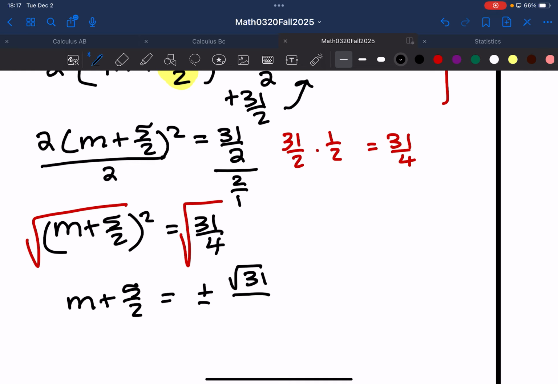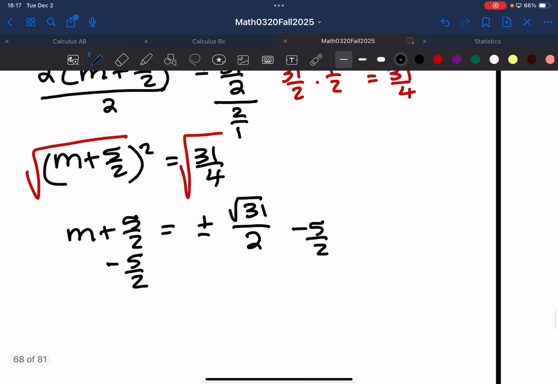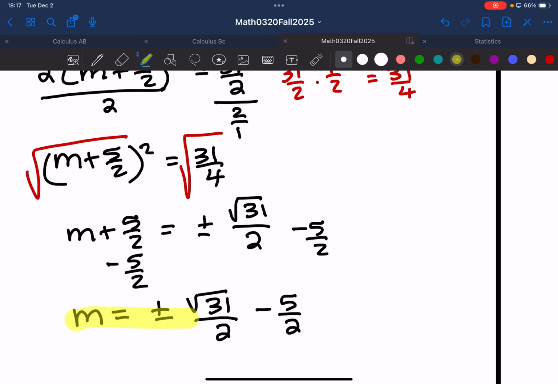So I give the 31 the square root separately from the 4. So I could just write the square root of 4, but we know that is 2. So the square root of 31 over 2. And then our last step would be what? Subtract 5 over 2. So I have m is equal to plus or minus the square root of 31 over 2 minus 5 over 2. Okay, this would be my exact answer.